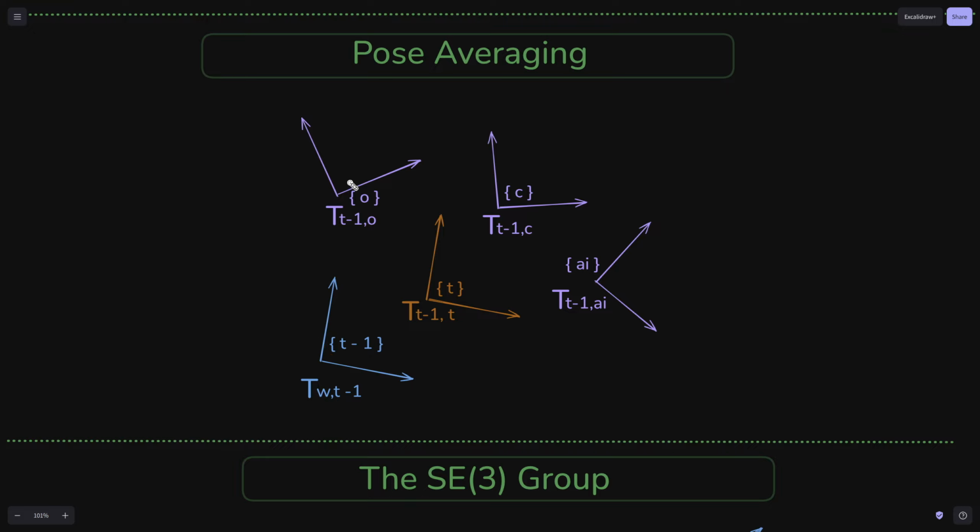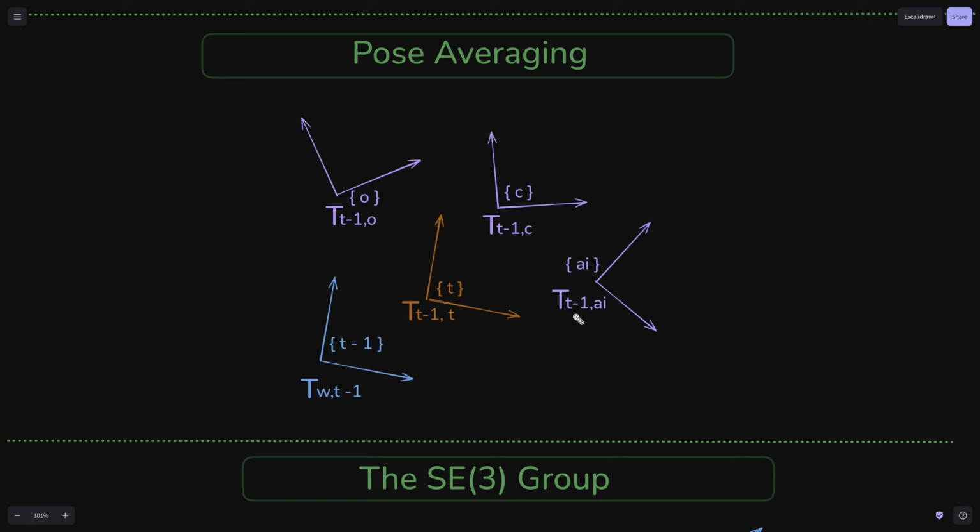And then we will assume that we have different sensors. We will assume that we have inertial sensors that will provide us this frame O. Then we'll have a camera that will provide this frame C. So let's say that we have a very expensive 3D camera and we get this frame.